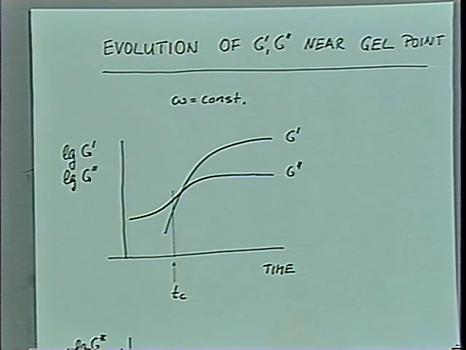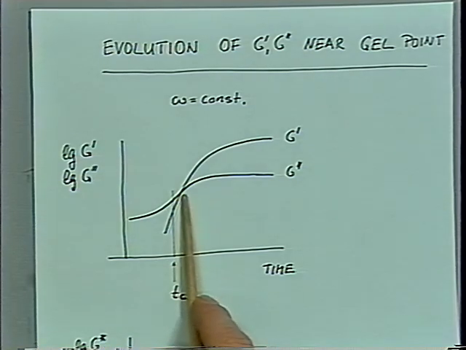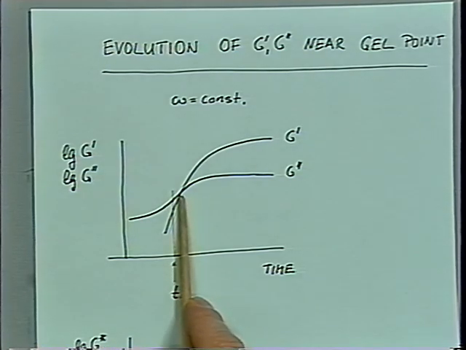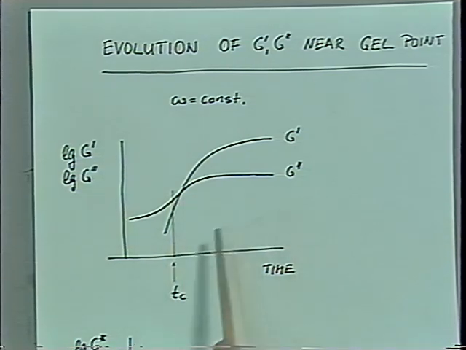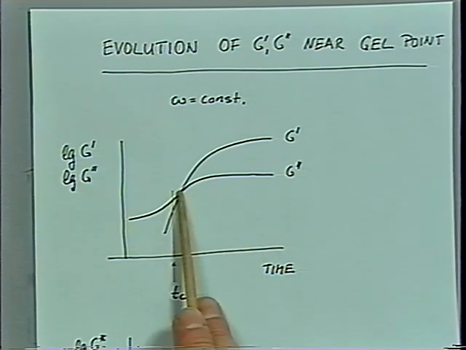For a long time, there has been a myth saying that G double prime characterizes liquid behavior and G prime characterizes solid behavior. It's not completely true, but that's where it comes from. So there was a myth that where those two are crossing, this is the gel point.